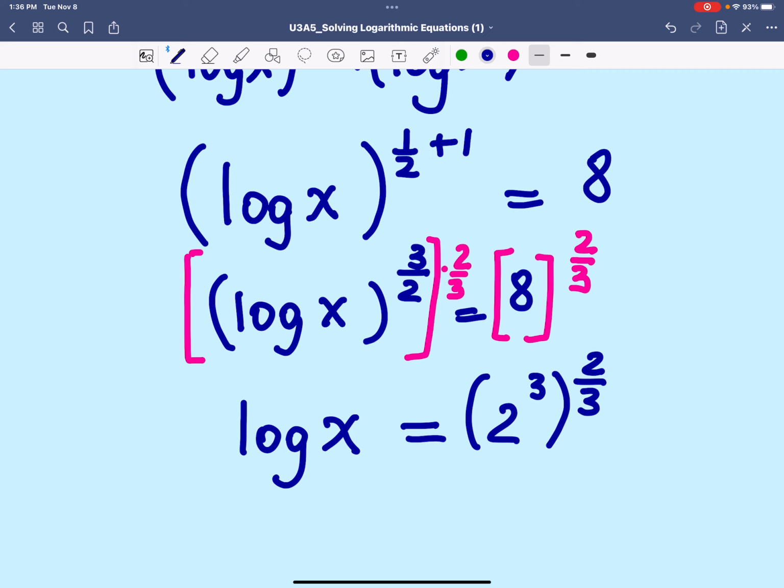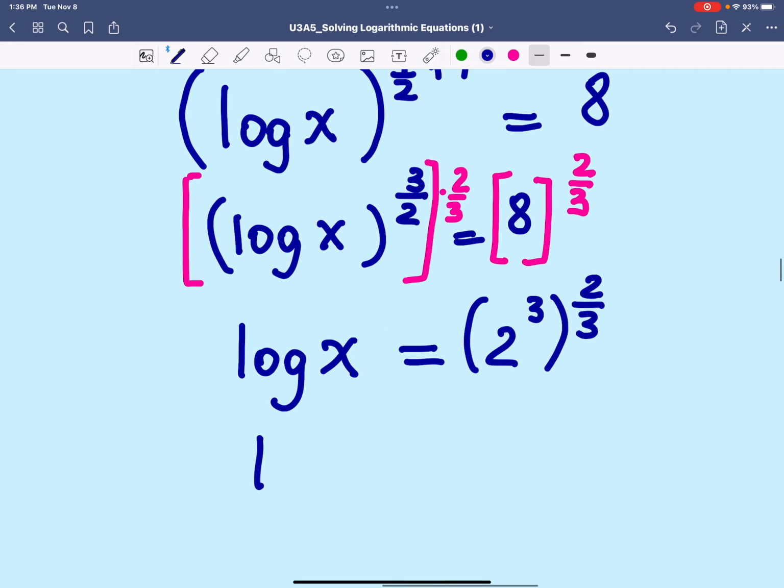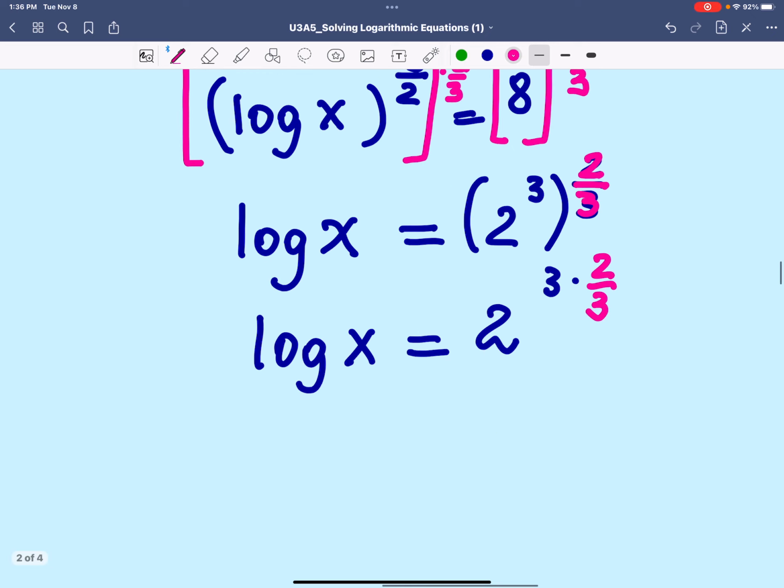So log of x would equal 2 to the power 3 to the power of 2 over 3, which makes it 2 to the power of, so I'm just going to keep the colors the same here. So we have 2 over 3 times 3, which is basically a power of 2, right?